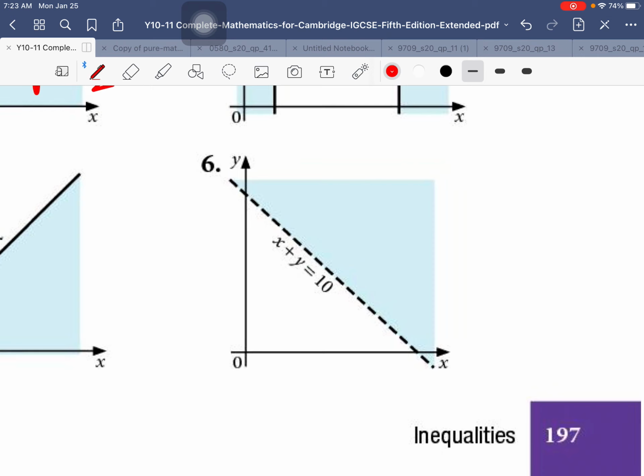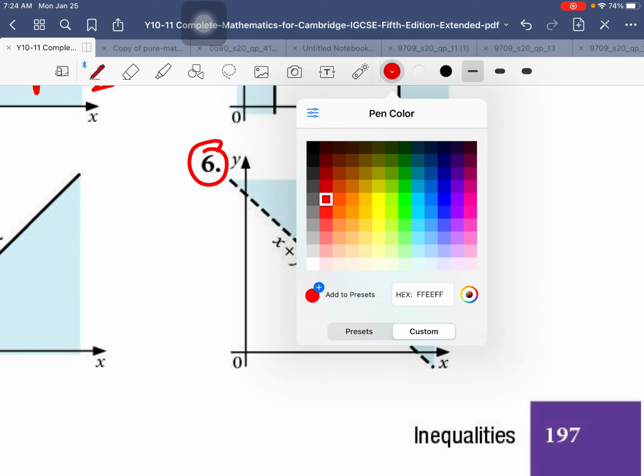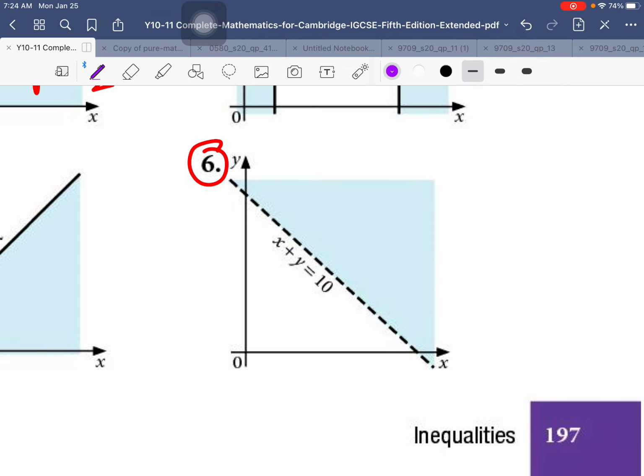So let's do example 6 now. Question number 6 as an example. Here in this question, we are given a line. The line is x plus y equal to 10. Now, this blue one is the shaded area, and the white one on the left side is the unshaded area.